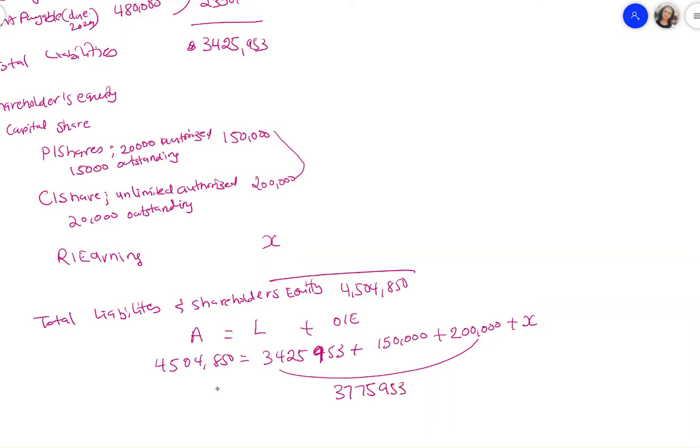And if I subtract these two numbers, 4,504,850 minus 3,775,953, it is equal to 728,897, and that's the number for my retained earnings, 728,897. And what you could do is add all these numbers up, and that should be equal to your total liabilities and owner's equity.